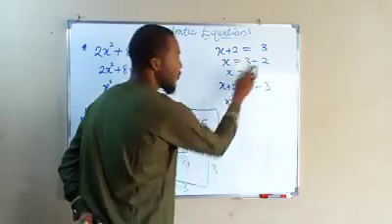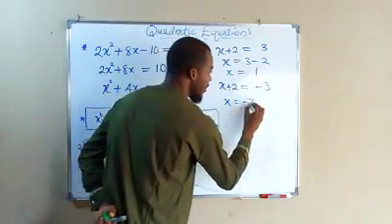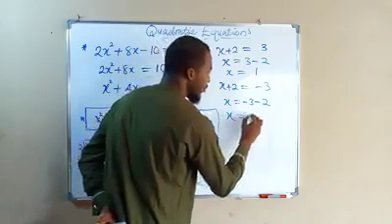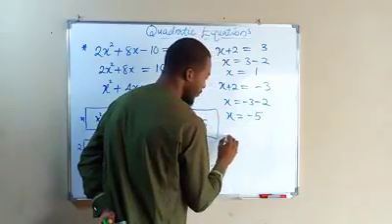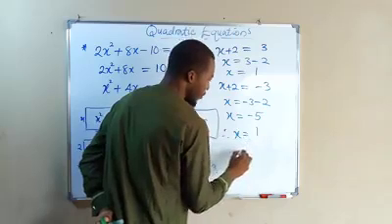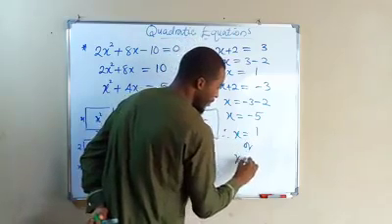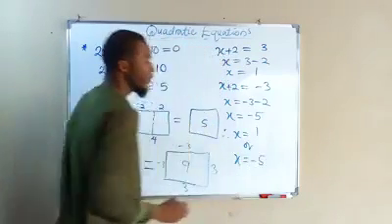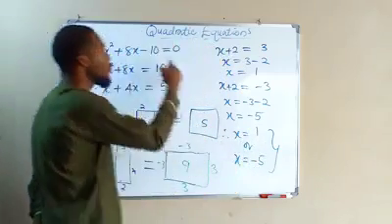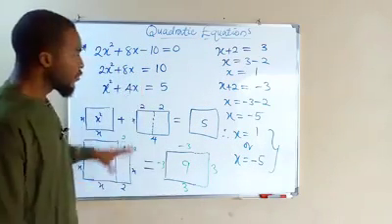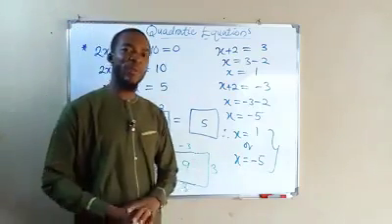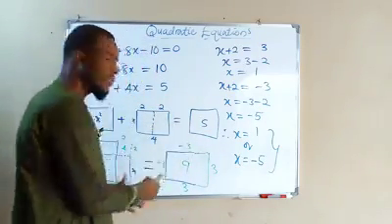If 2 crosses over, we have negative 3 minus 2, so x is equal to negative 5. Hence, x is equal to 1 or x is equal to negative 5. Hence, 1 and negative 5 are the roots of this quadratic equation. So geometrically, this is how to solve a quadratic equation by the completing the square method. So let me explain all this mathematically.